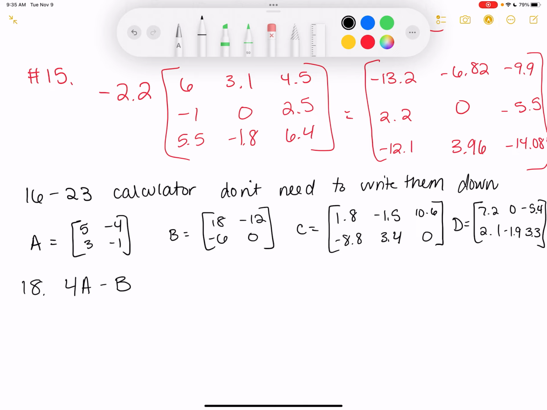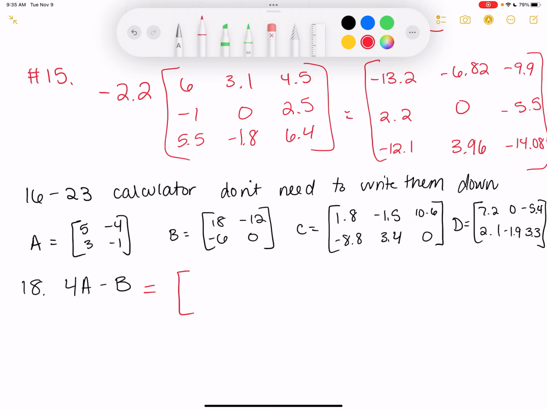Can you get rid of it without writing over it? Just push clear. All right. So then you do 4 times the matrix A minus the matrix B. And what will you get when you do it, the final answer?